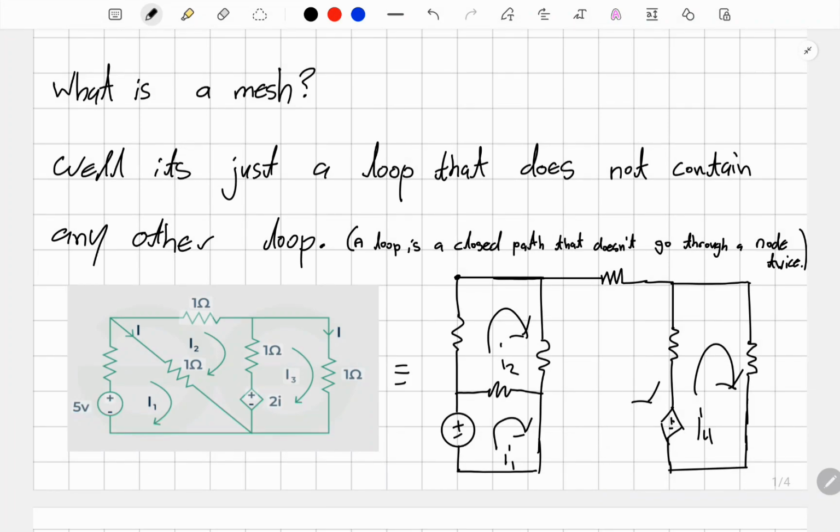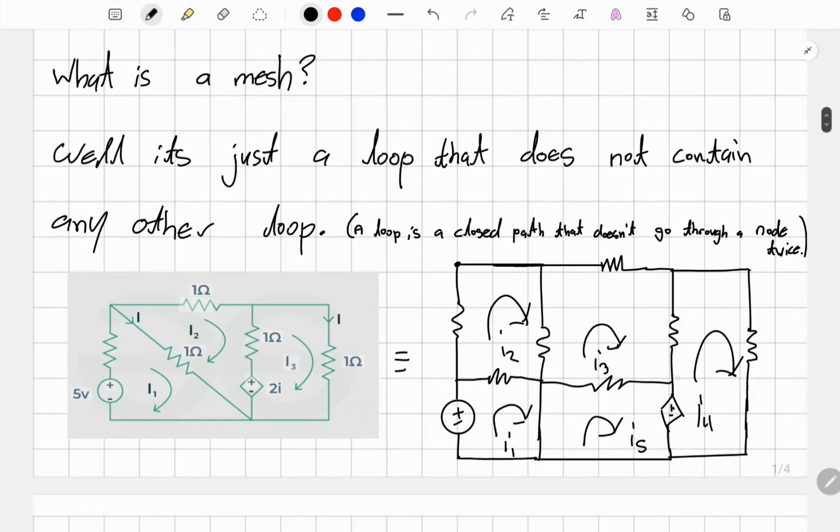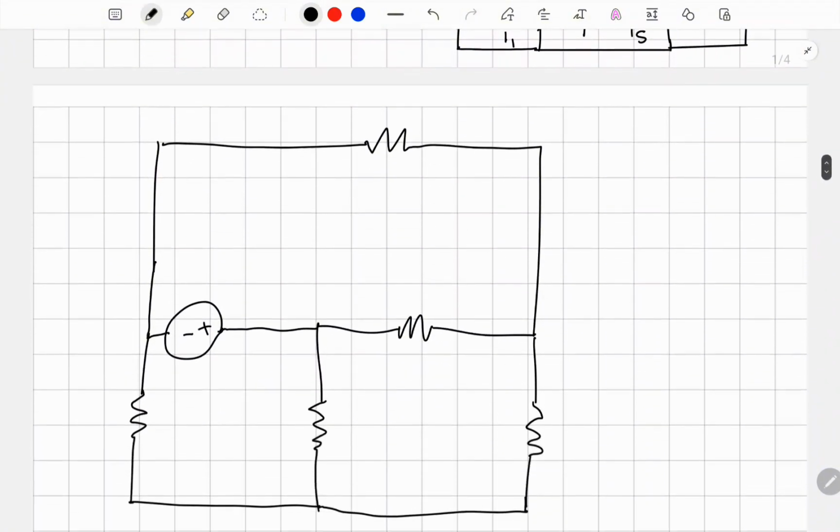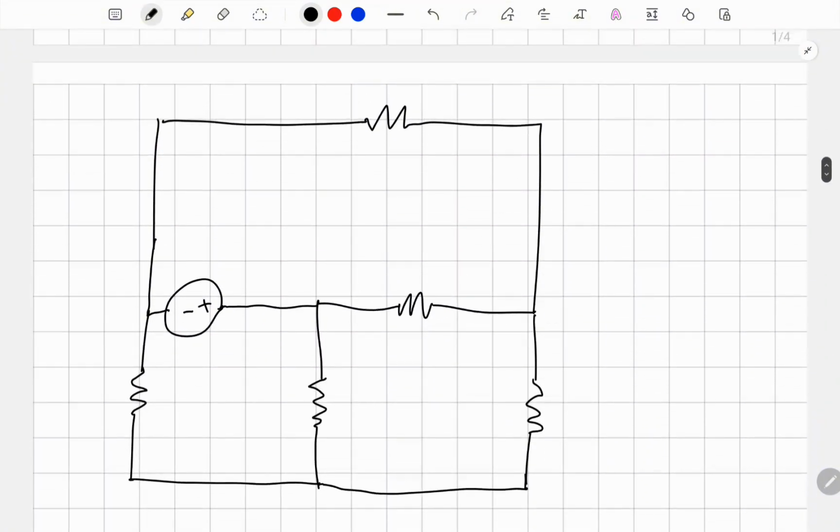And if I had another resistor going in the middle like this, then I would have one more mesh. I would have 5 meshes, and if I had another resistor going through, I'd have 6 meshes. So moving on, this circuit has how many meshes? Well, obviously 3. I hope you understand what meshes are.